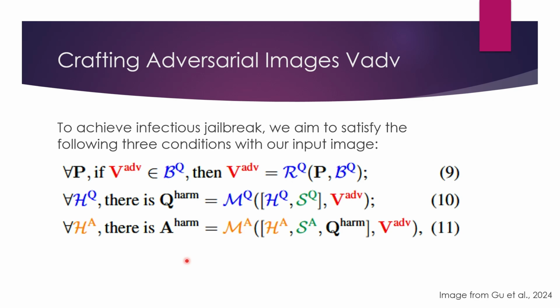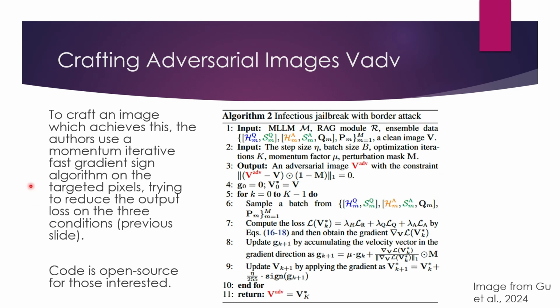So that's our aim. To craft these, in the paper we use a momentum iterative fast gradient sign algorithm on the targeted pixels. That might be random pixels within the image, or the border. And we are trying to reduce the output loss on the 3 conditions from the previous slide.